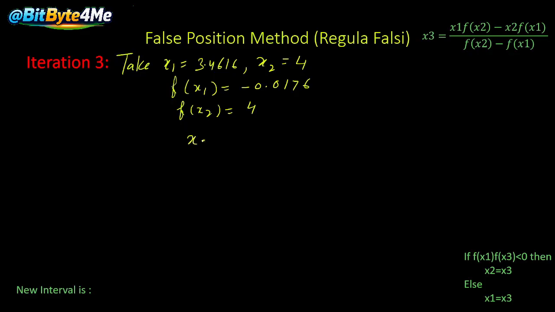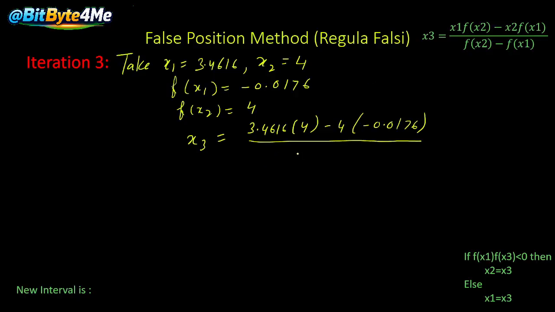So x3, by using this formula, again x3 will be equal to 3.4616 multiplied by 4 minus 4 into minus 0.0176. Substitute the values of all these variables, and you get 3.4640. So this will be the value of x3.